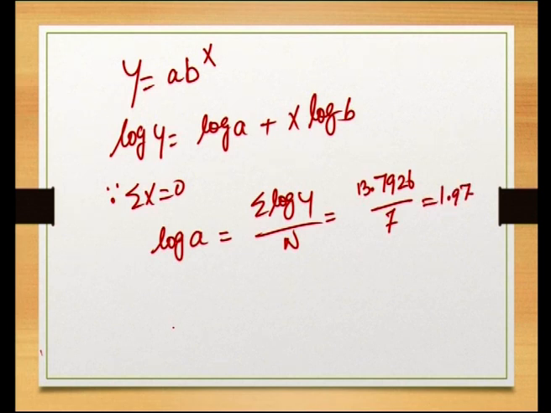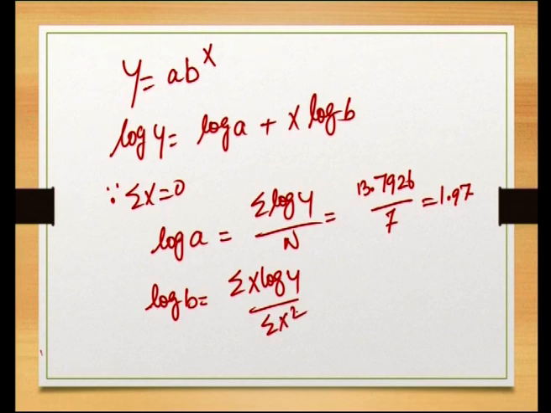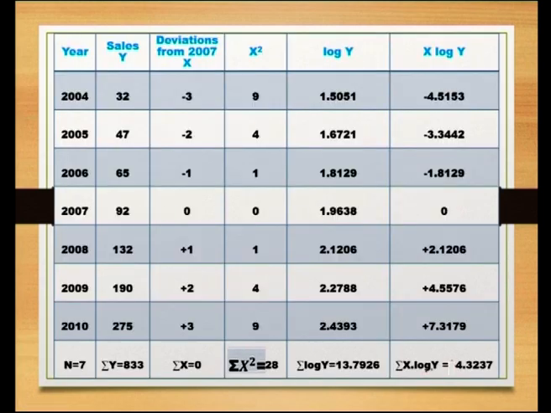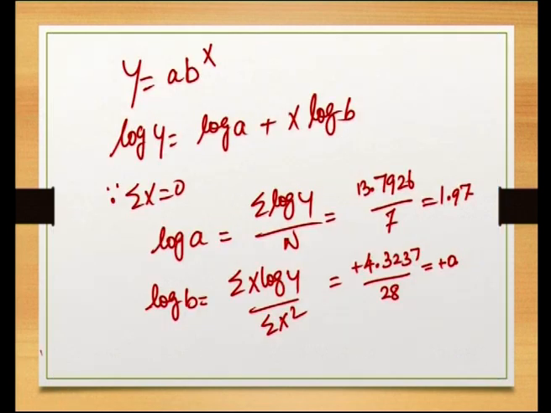Similarly, log b is equal to summation x log y by summation x square. What is x log y? Summation x log y is 4.3237 and summation x square is 28.